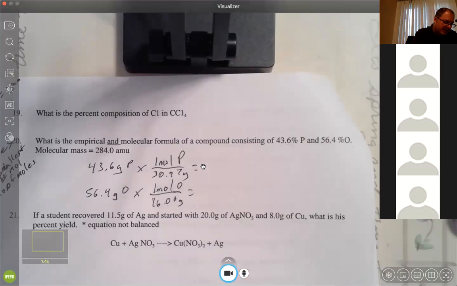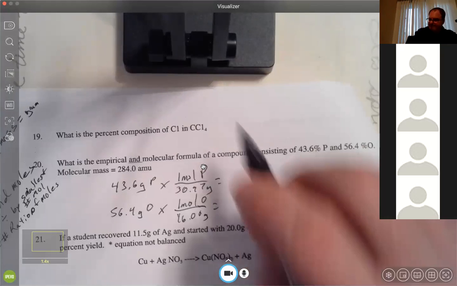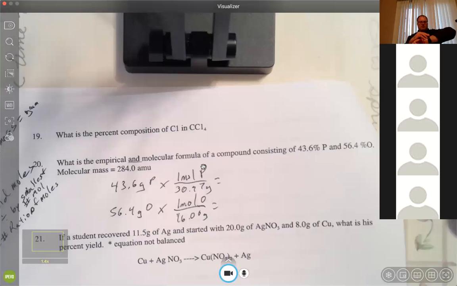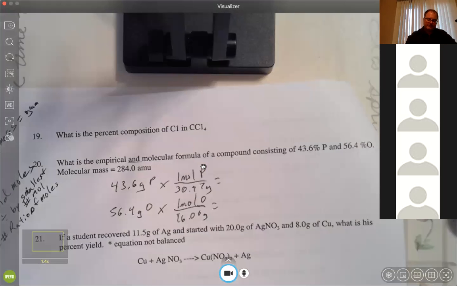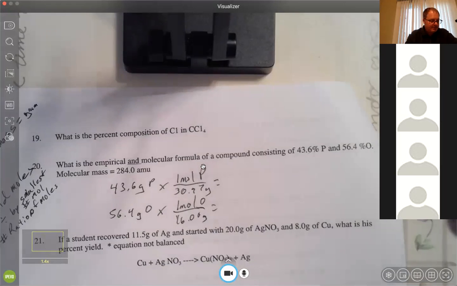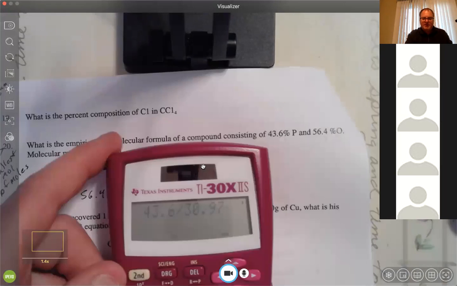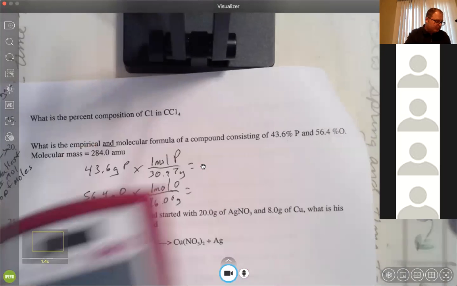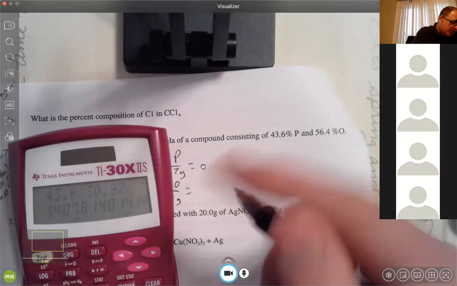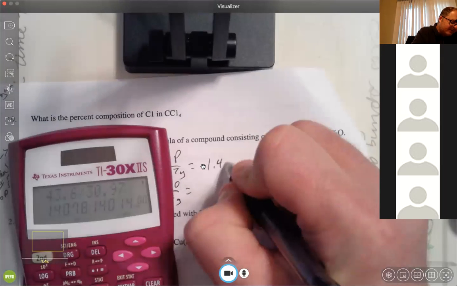43.6 divided by 30.97. Oh, it's actually not working today. Got to use my finger on a calculator. So 43.6 divided by 30.97 gives us 1.4078.